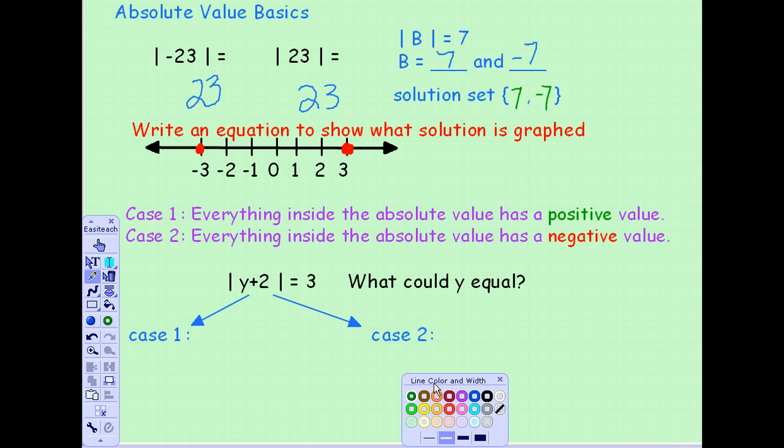So we have negative 7 and 7 are the 2 solutions. So our solution set would be those bracket symbols again with the 7 and -7 shown. B equals both of those.